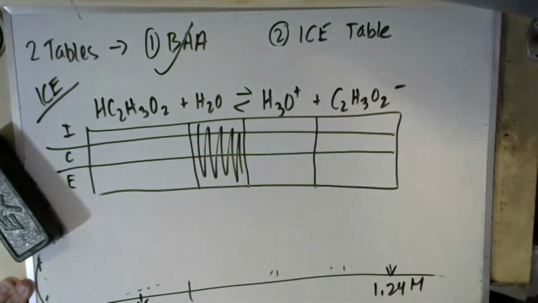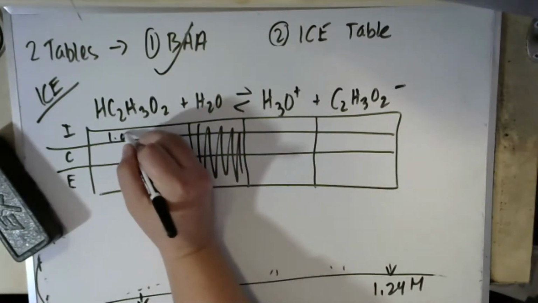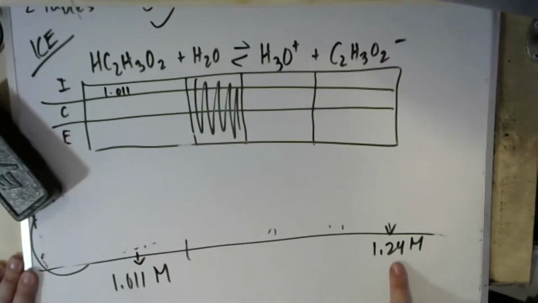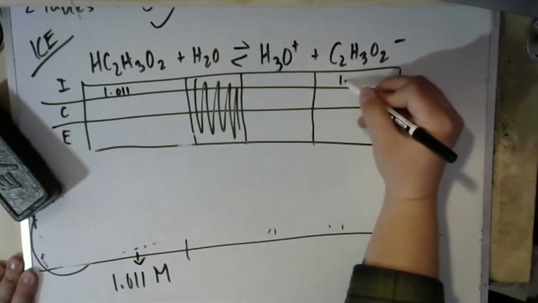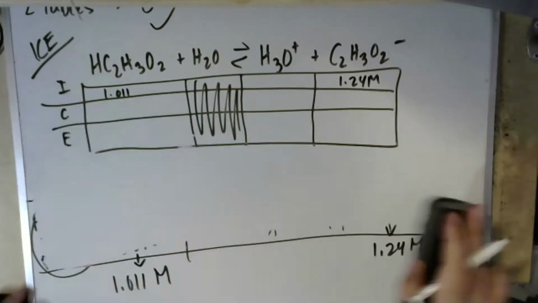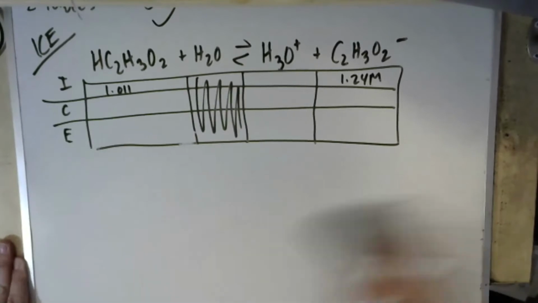Okay, my initial concentrations now are going to be 1.011 for my acetic acid and 1.24 for my acetate ion. Okay, and I'm going to fill in my ICE table per usual from here.